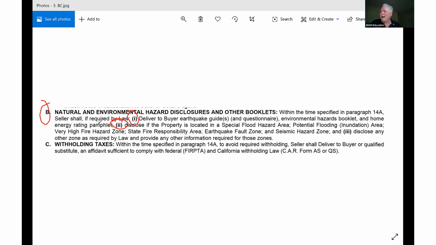Obviously it didn't work. Okay, I can look at it. So you have 2 flood, 2 fire, and 2 earthquake. That's what it is. Bingo, I got it back. That was easy. You read the document. Number 3, disclose any other zone as required by law and provide any other information required for those zones.